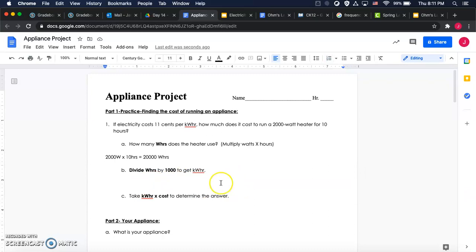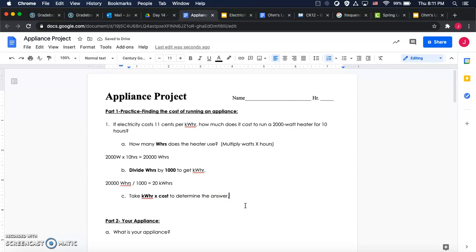So we're going to take the watt hours, 20,000 watt hours, and divide that by 1,000, and that will convert our watt hours into kilowatt hours. So 20,000 divided by 1,000 is 20, and then the units are kilowatt hours.